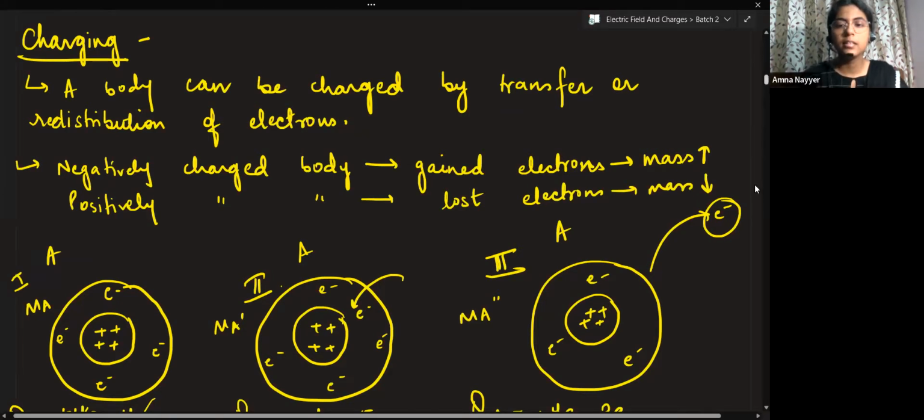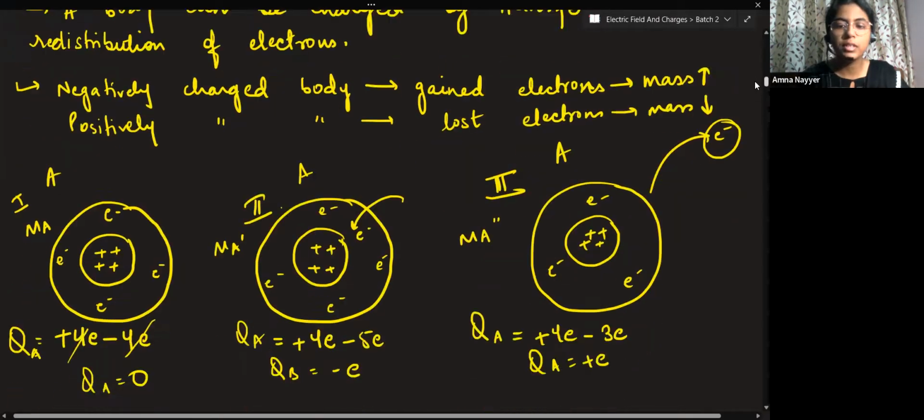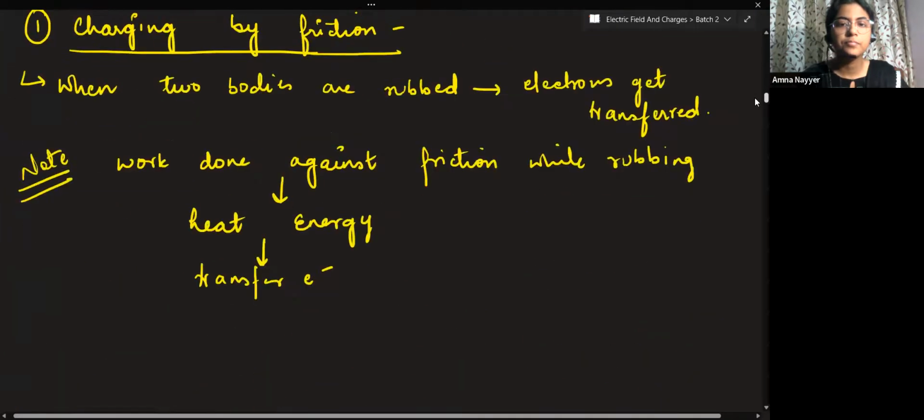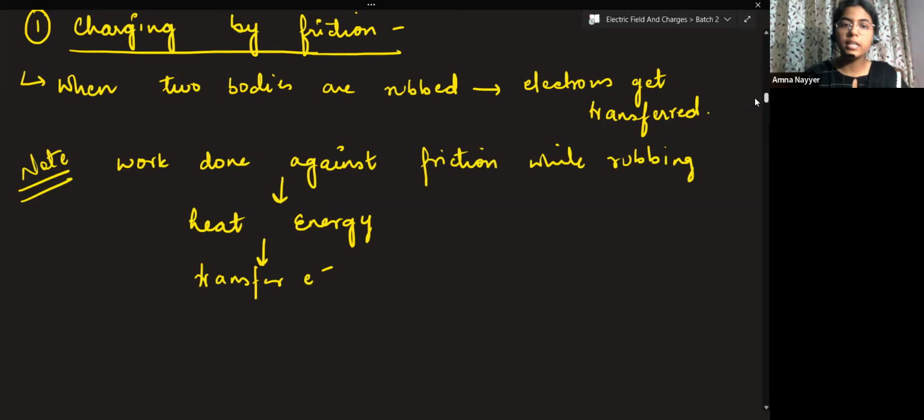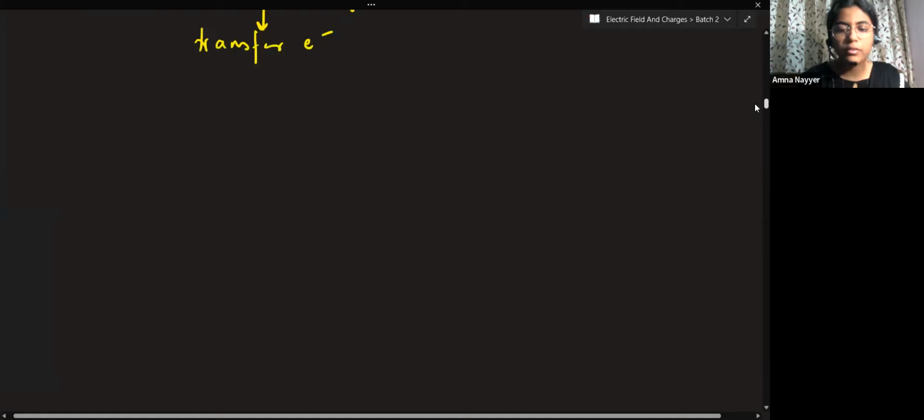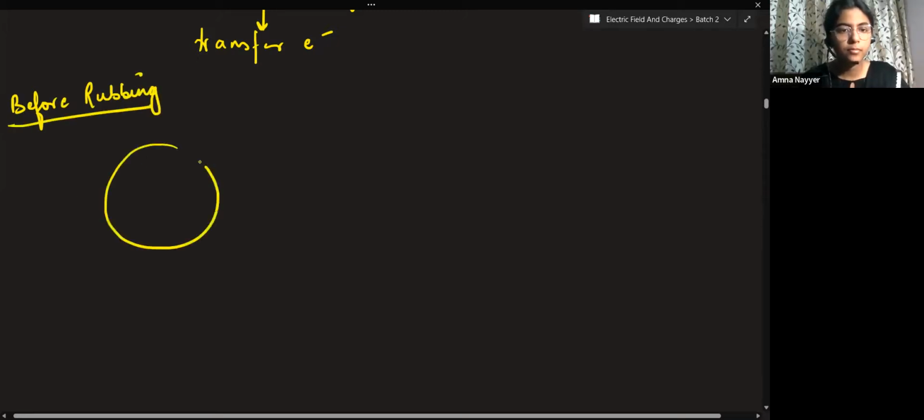All right, let's continue which we were discussing. Charging by friction. As I've told you, when two bodies are rubbed together, electrons transfer from each other. Now, if I give you an example, this is the case before rubbing. This is an object A, 4 unit positive charge, 4 unit negative charge outside.